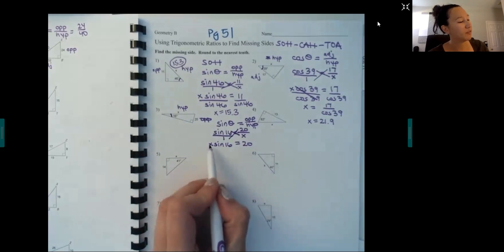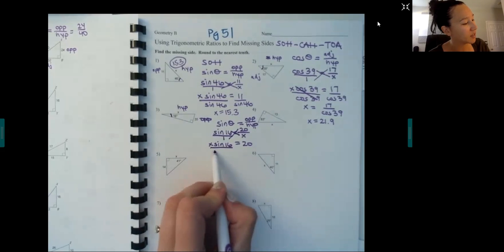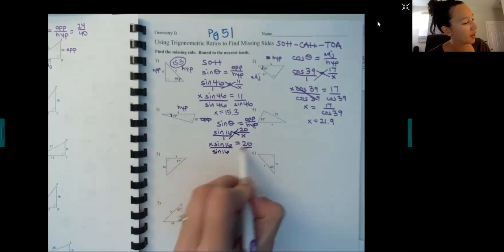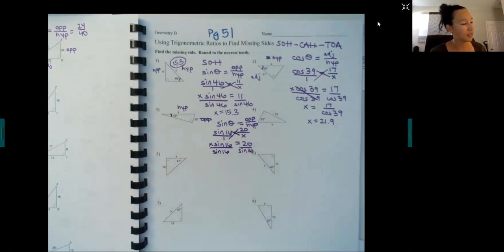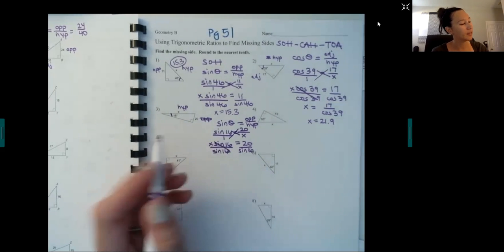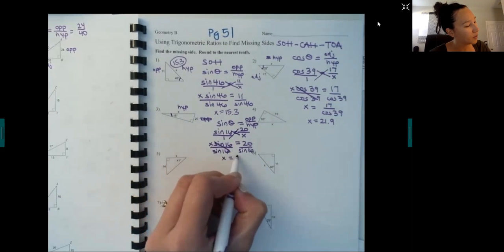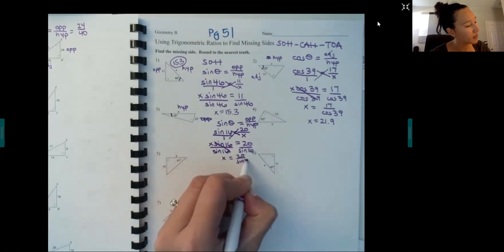And then we're trying to solve for x, right? So the way to get rid of sine of 16 is we have to divide both sides by the sine of 16. Those cancel out. So x equals 20 over the sine of 16.